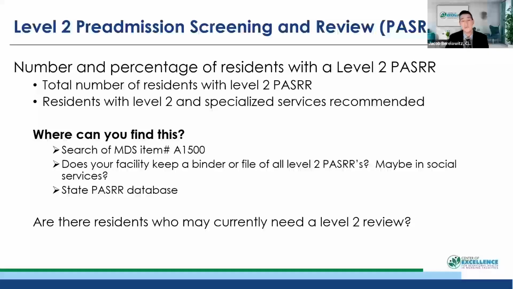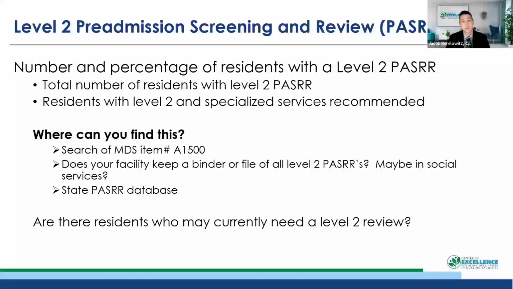If you look at A1500, you'll see that it's a yes or no question where you're indicating whether the resident has a level 2 PASAR determination. If you're able to pull a search of that, or maybe your MDS coordinator can, you'll have a quick snapshot of residents that you're currently reporting as having a level 2 PASAR determination.